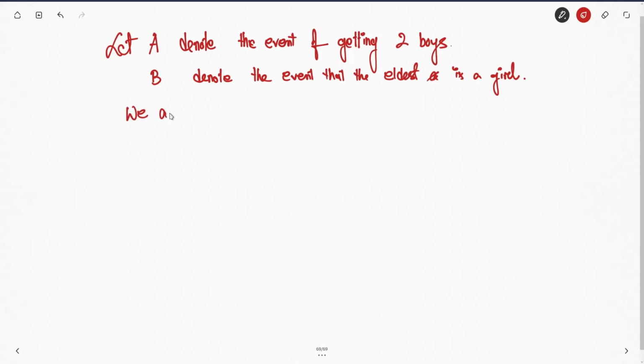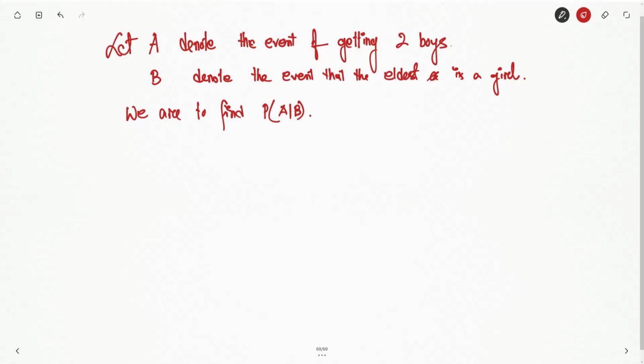We are to find probability of A given B, right? This is what we are trying to find, probability of A given B. Now how to find this?